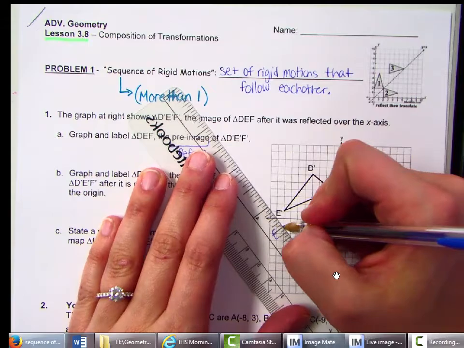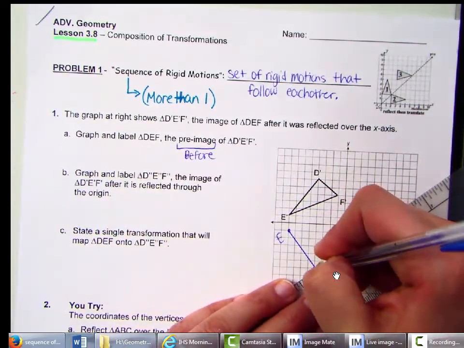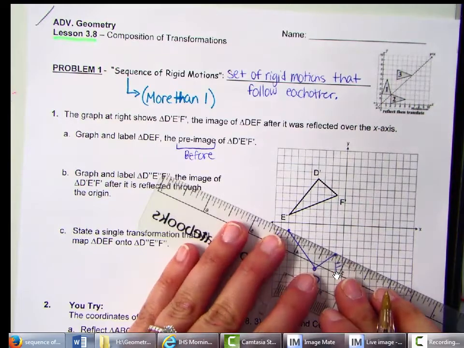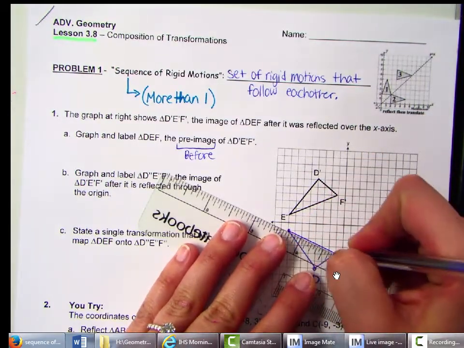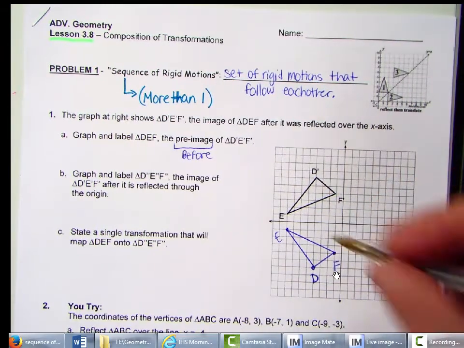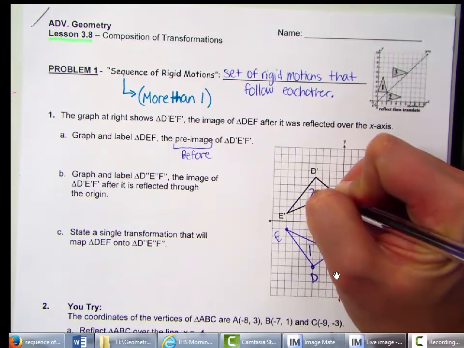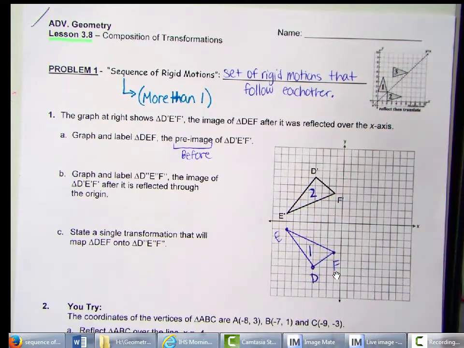So now I have the pre-image. In addition to having the prime, some students like to number their triangles so they know which one was first, which one was second. Okay, and then we're going to have to do something else.